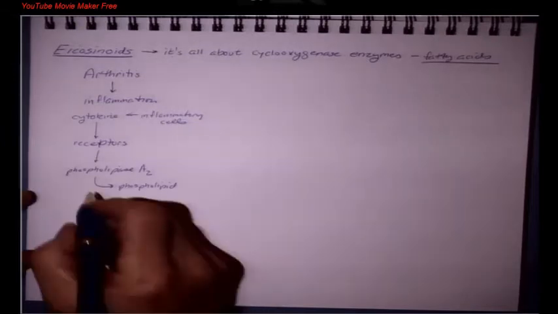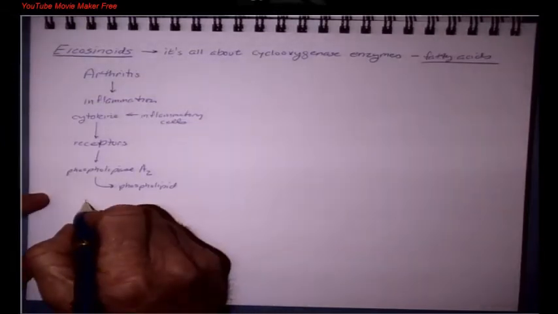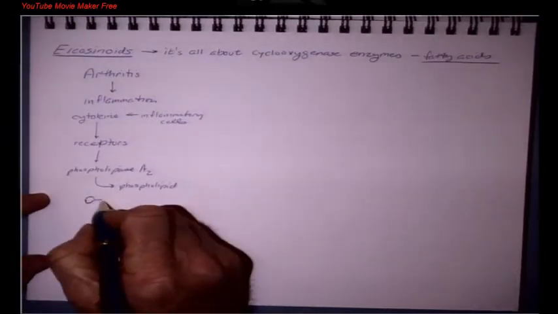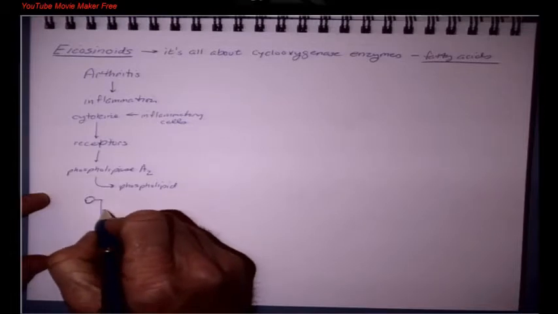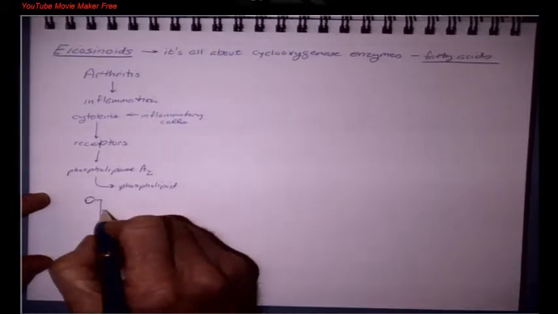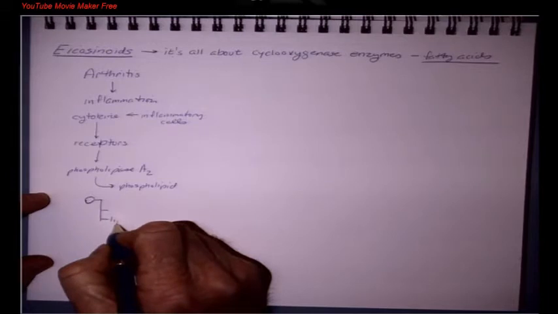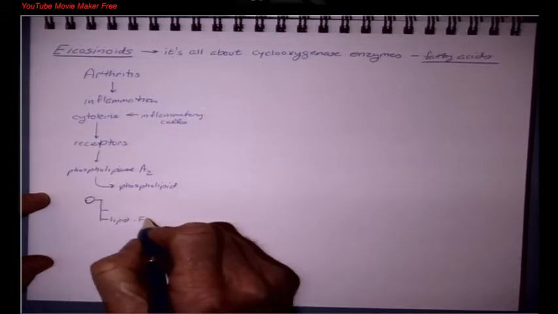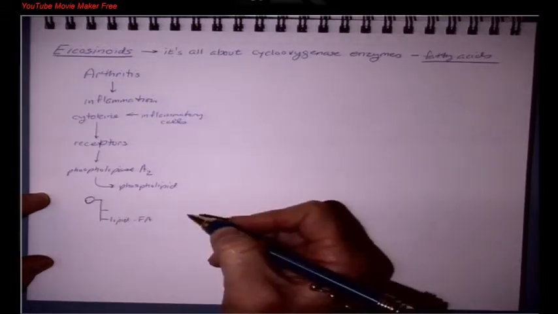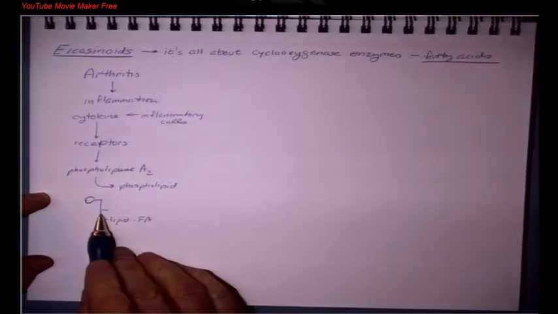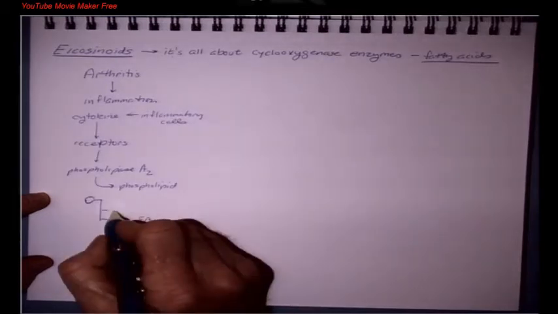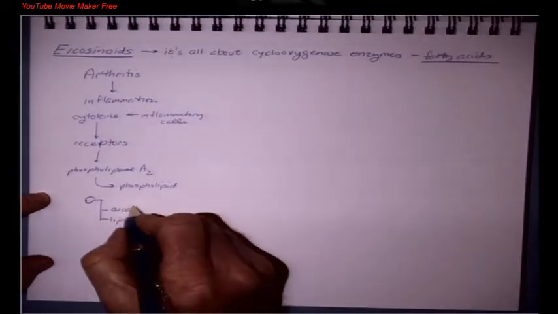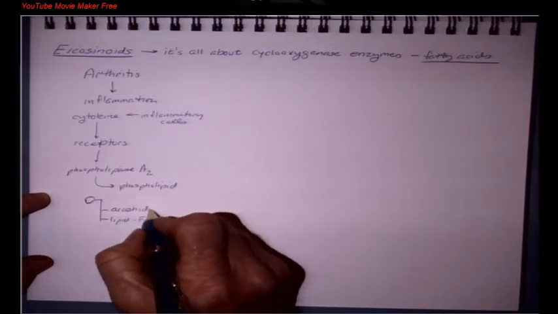Now remember the structure of a phospholipid. We have our head group here. We have our glycerol backbone. We have a lipid, a fatty acid. And on the middle carbon, what we have is another fatty acid called arachidonic acid.